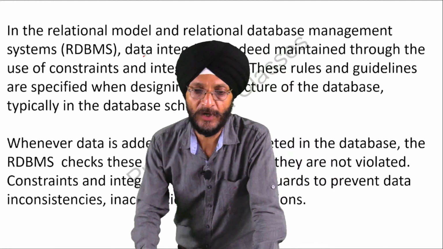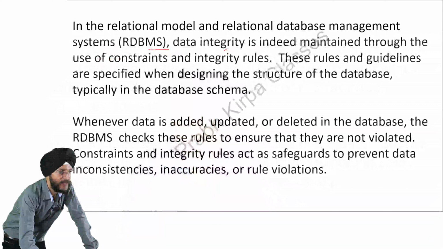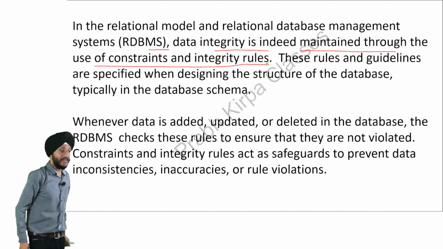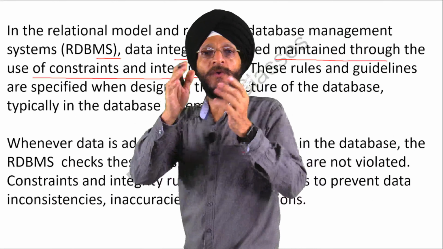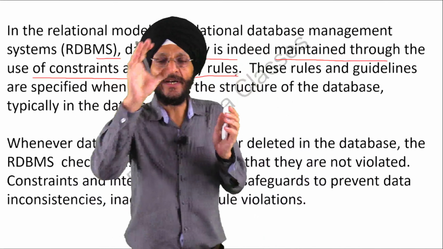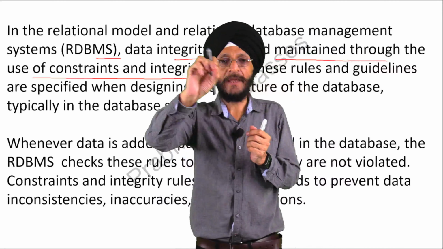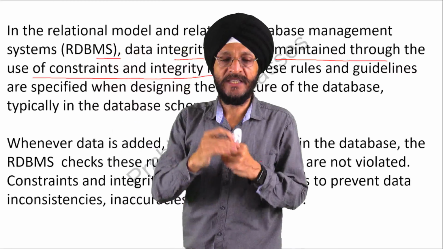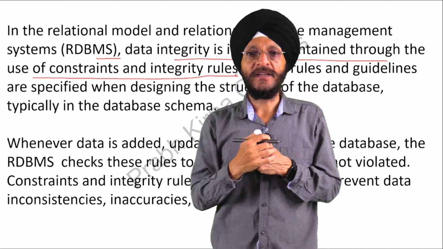In the relational model and relational database management system, data integrity is indeed maintained through the use of constraints and integrity rules. If you travel on a road in your car, you might have seen traffic lights or various types of traffic signs. For what purpose are they there?